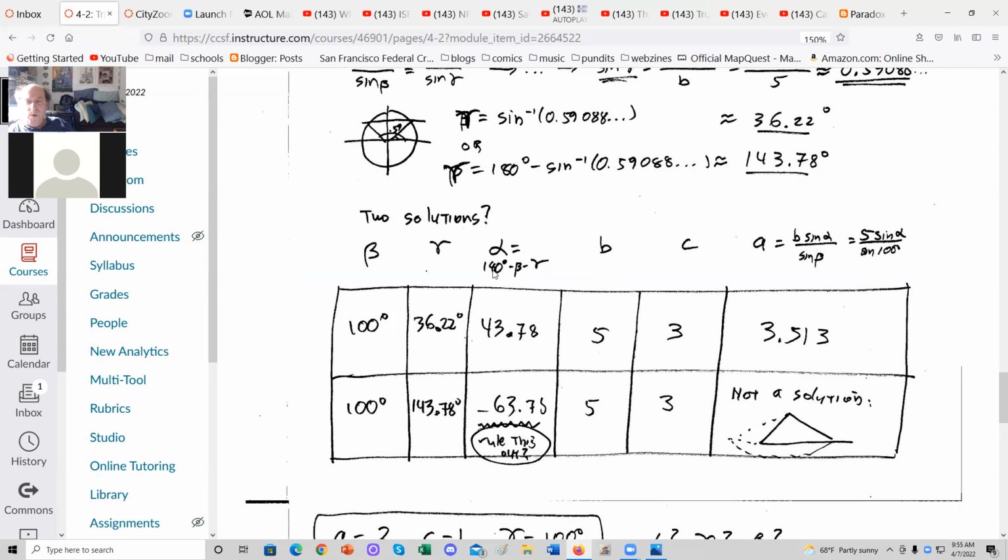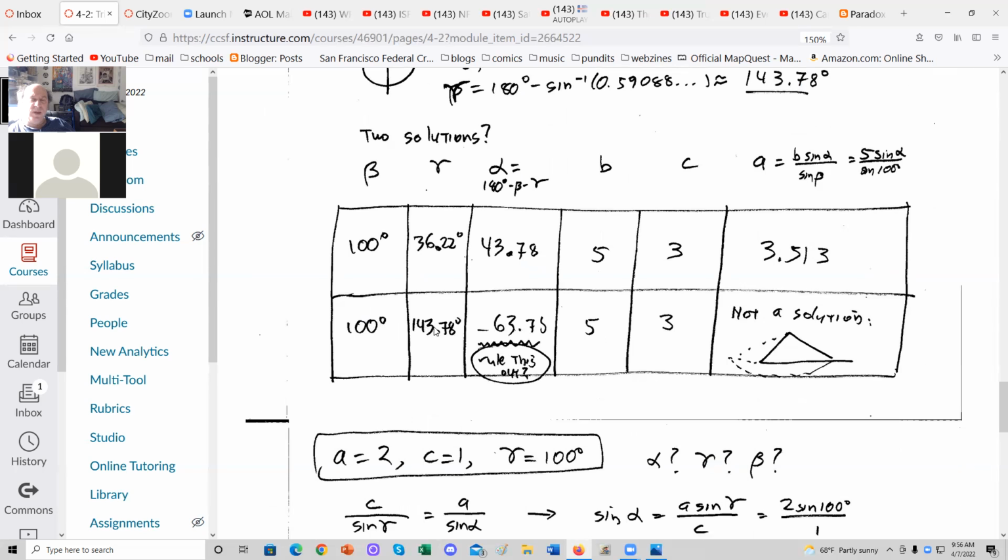Now, we want to know alpha and A. Alpha is 180 minus beta minus gamma, so 180 minus these 2 numbers is 43.78. And then from here, A is B sine alpha over sine beta. So we have 5 sine 43.78 over sine 100, which comes out to 3.513.